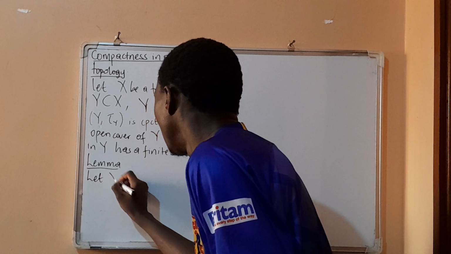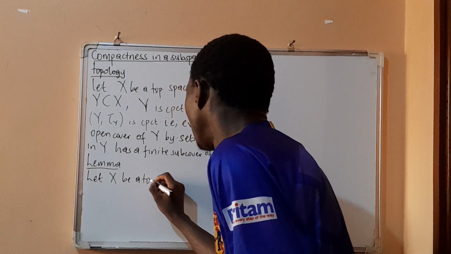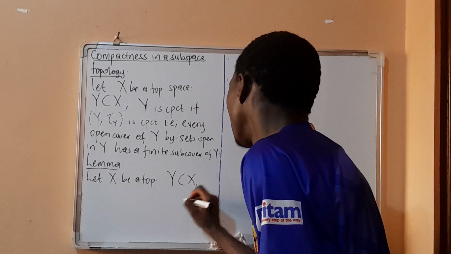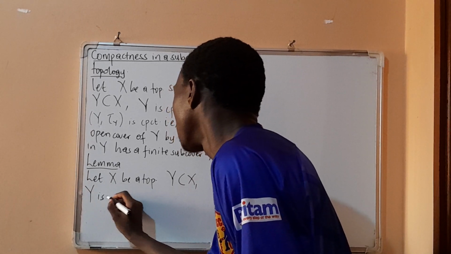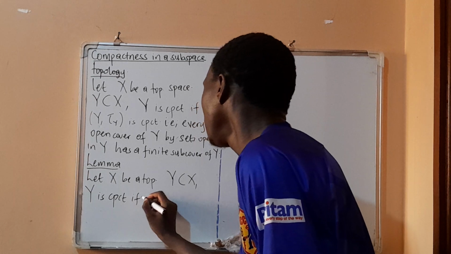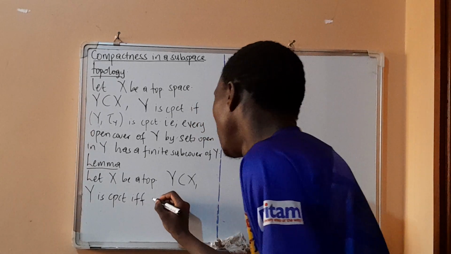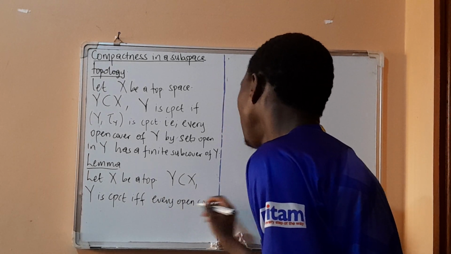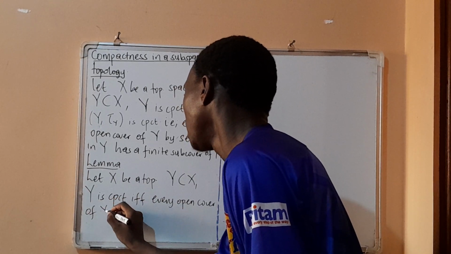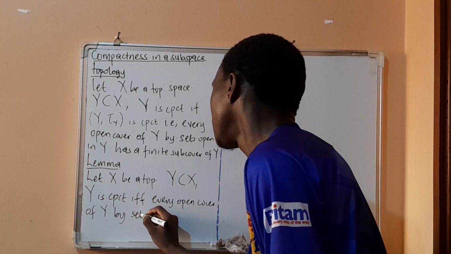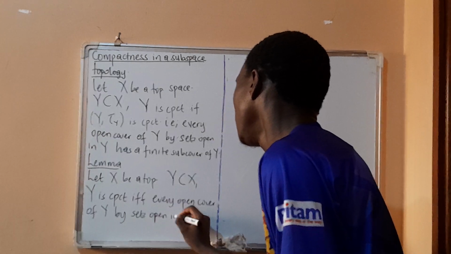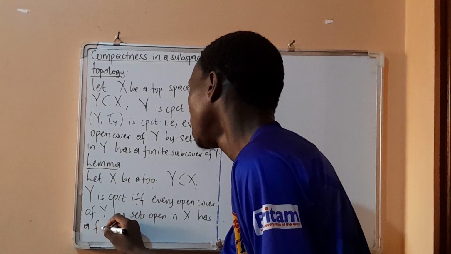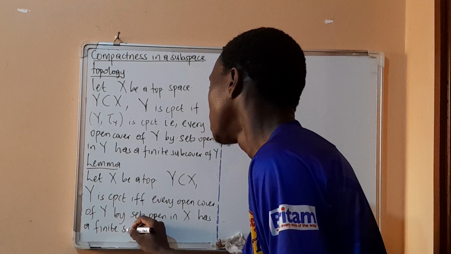Let X be a topological space and Y a subset of X. Y is compact if and only if every open cover of Y by sets open in X has a finite subcover.